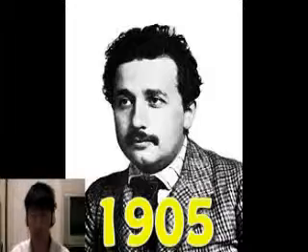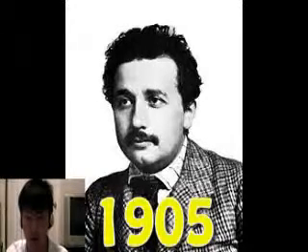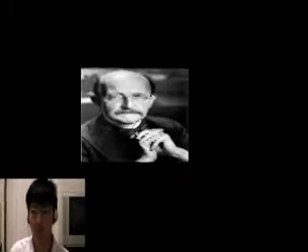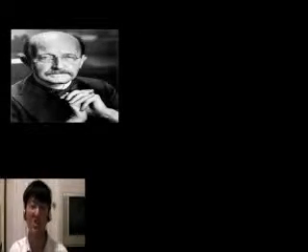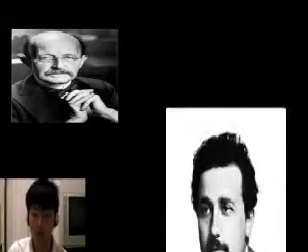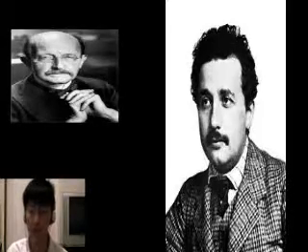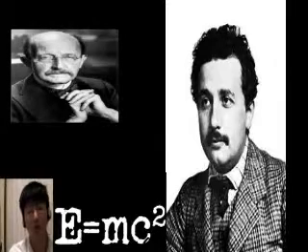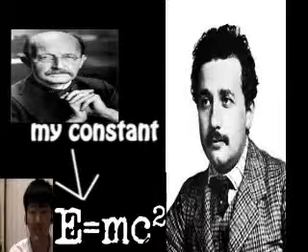Our favorite German, Albert Einstein, resolved the apparent paradox by describing light as composed of discrete quanta, quanta being the plural of quantum, now called photons, rather than continuous waves. Based upon Max Planck's theory of black body radiation, Einstein theorized that the energy in each quantum of light was equal to the frequency multiplied by a constant, later called Planck's constant.